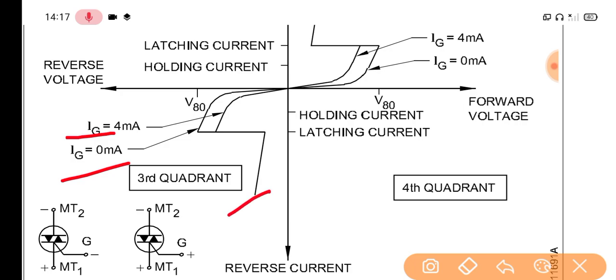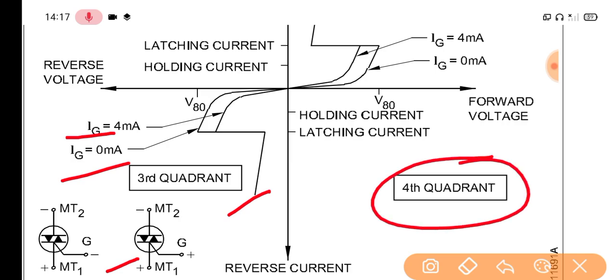This is the reverse current, MT2 plus, gate plus, MT1 plus, and MT2 minus, gate minus, MT1 plus. Fourth quadrant, forward voltage, holding current, latching current.